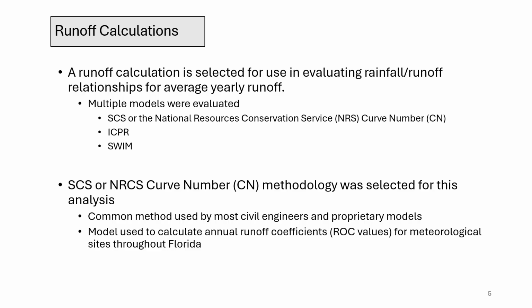Ultimately, the SCS or NRCS curve number methodology was selected for our analysis. We'll often refer to it as the SCS method, as it was originally developed and is broadly known by that name, though it is now supported by the Federal National Resources Conservation Service. This method was chosen due to the overwhelming information supporting its use and its widespread acceptance in professional practice.